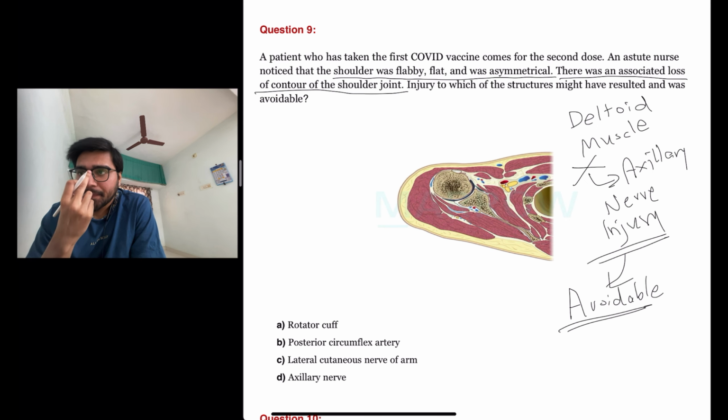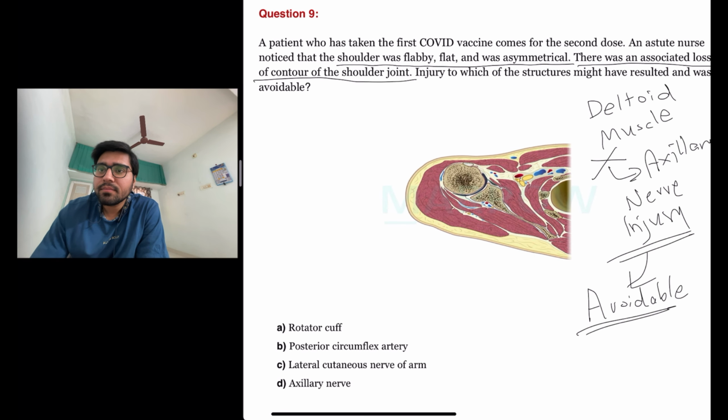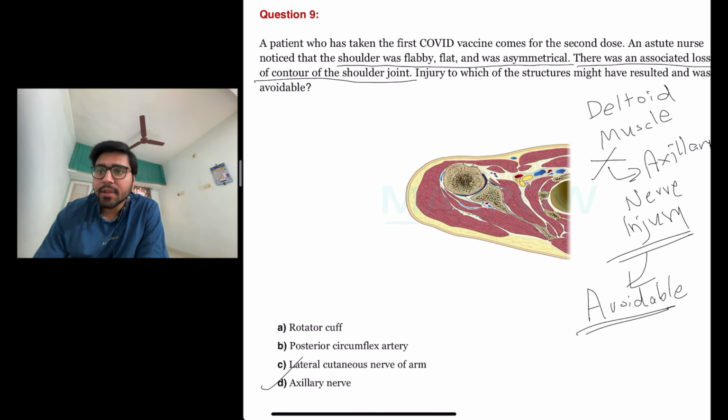So injury to the axillary nerve happened, and that was avoidable. So D is the answer.